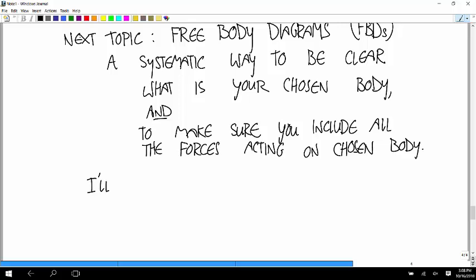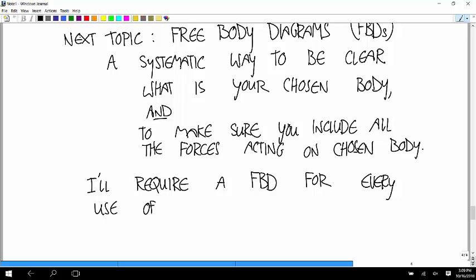I'm not alone in this; it's a general way of approaching this. I'm going to require a free body diagram for every time you use Newton's second law. You should think of there always being a one-to-one correspondence. Anytime you're going to use Newton's second law, you draw a corresponding free body diagram. We'll get into how to do it and what the rules are, but it's going to be a helpful thing.